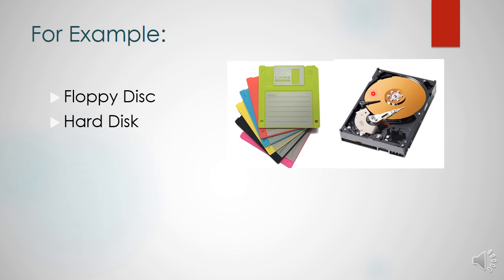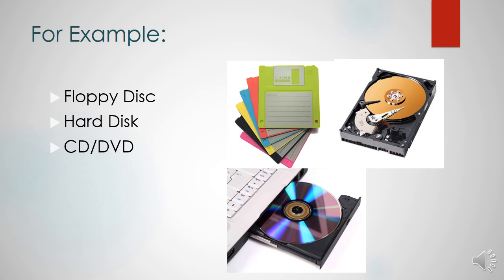It is used to store a large amount of data. It is fixed inside the system unit. CD/DVD. We can save any form of data into CDs and DVDs, but mostly it is used to save audios and videos.